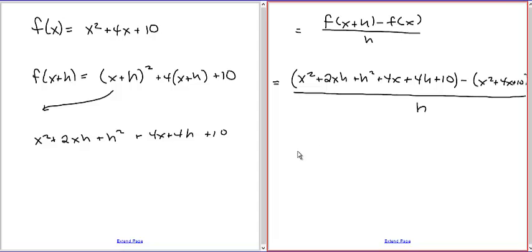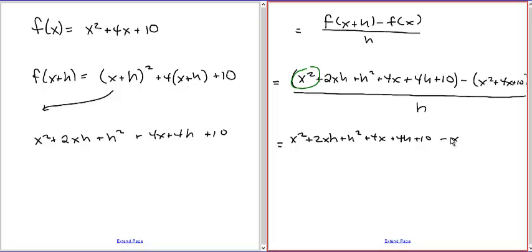Now, as I said in class, the terms that don't involve h are going to cancel out. So here I have x squared. Here I have negative x squared. Maybe the best thing to do is, I know it's a lot of extra writing, but just so that you see exactly where these things cancel out. So what I've done is I'm going to distribute that negative to each one of those terms.